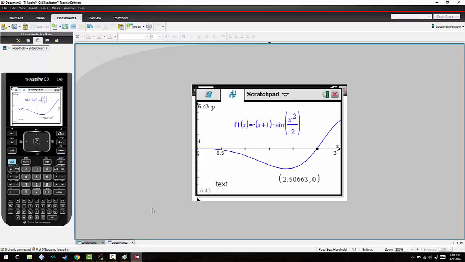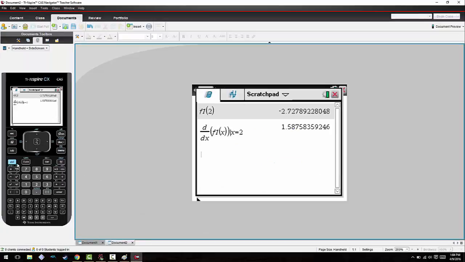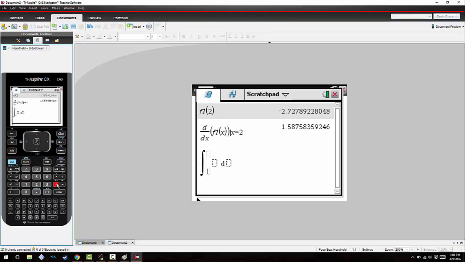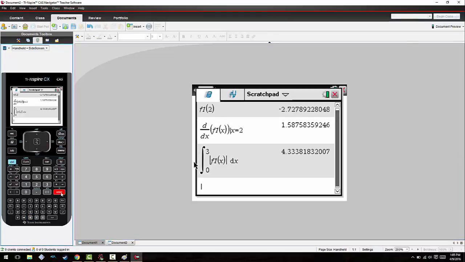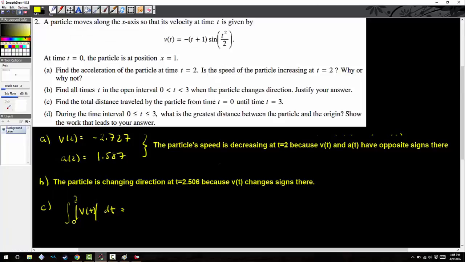So let's go back to this. Shift plus from 0 to 3. Go to my little template. Absolute value, f1 of x dx. Control Enter. Boom. 4.333 or 4.334. Doesn't matter which one you decide to write down.